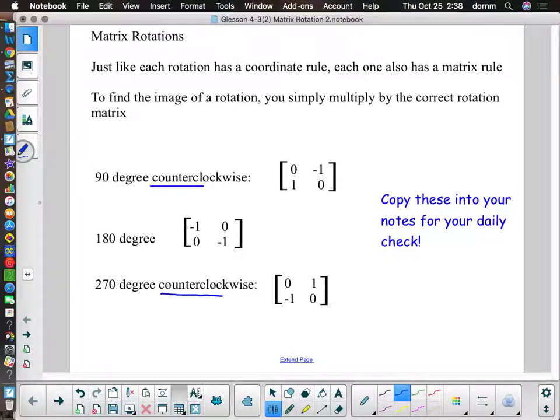Well, fortunately, that's not too hard because 90 degrees counterclockwise is the same as 270 clockwise. And 270 degrees counterclockwise is the same as 90 degrees clockwise. So I just have to be careful. I don't just look for the 270, but I look for whether it's clockwise or counterclockwise as well, so I know I select the correct matrix. All right, so this is the matrix I want in this case: 0, -1, 1, 0.